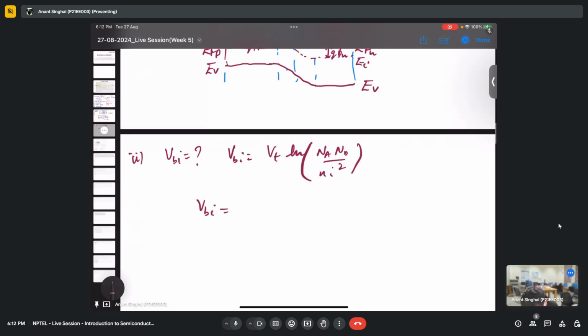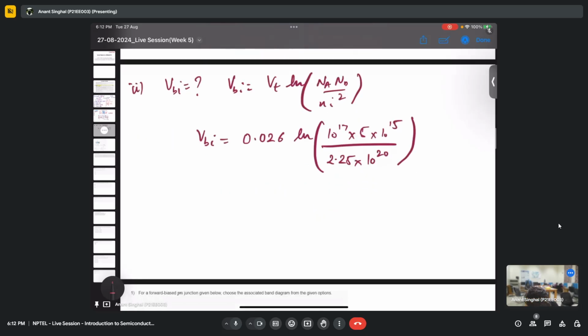So this is 0.026 ln, Na is given as 10 to the power 17, Nd is 5 times 10 to the power 15, and Ni squared is 1.5 squared, which is 2.25, times 10 to the power 20. So this will be around 0.026 ln of 5 times 10 to the power 32 divided by 2.25 times 10 to the power 20, so 5 divided by 2.25 into 10 to the power 12.